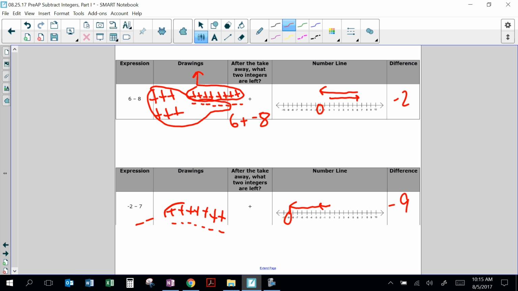Now I take away these 7 0 pairs. Bye-bye. And what 2 integers do I have left? I started with -2, and then I ended up with -7. -2 plus -7 is equal to -9. Does that make sense? I owe $2, then I lost $7 more, so -2 plus -7 is -9.